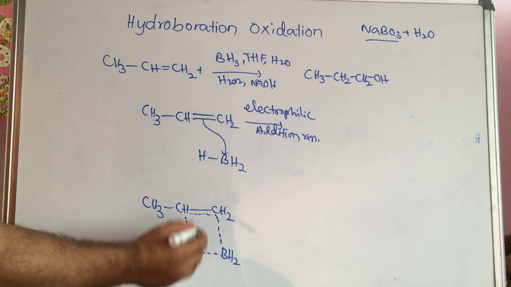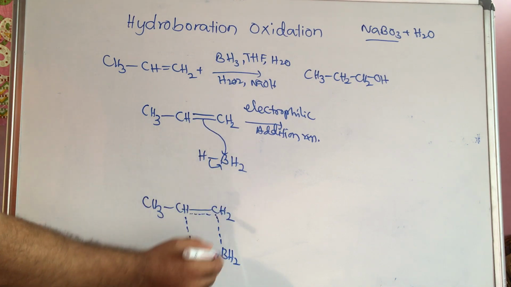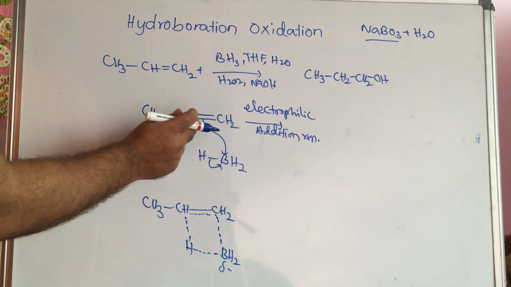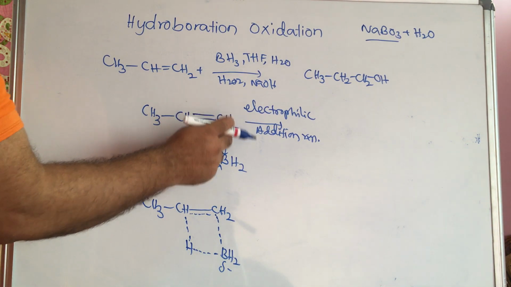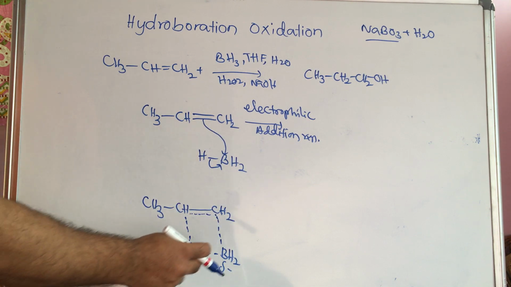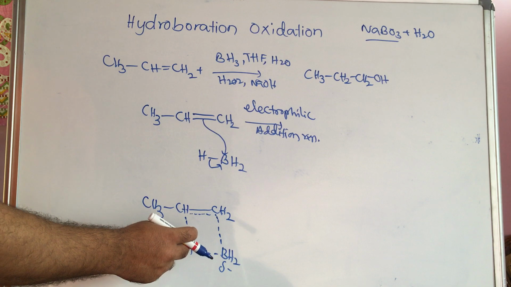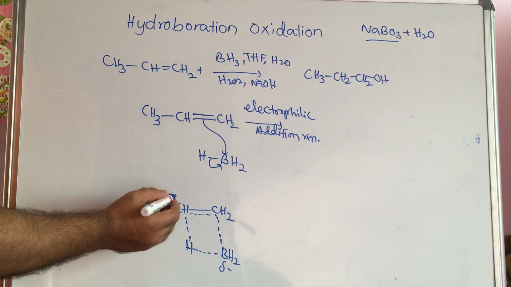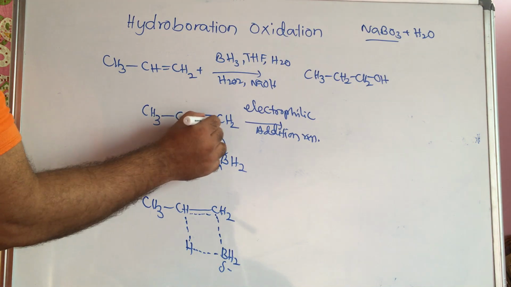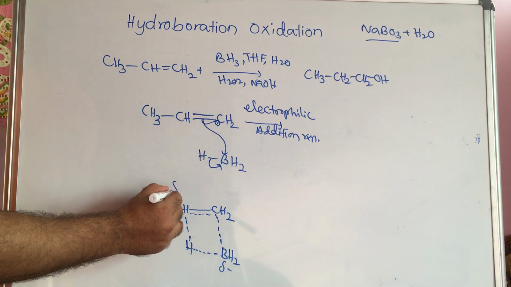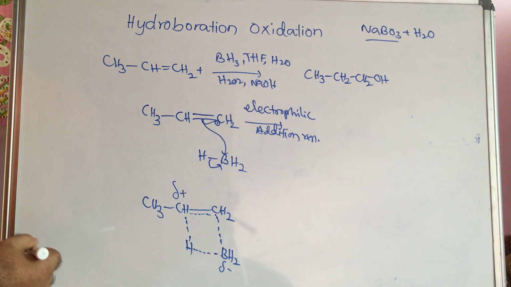The bond moves like this, giving partial negative charge. When it moves like this, this negative donates to this one, with partial bond formation here and partial bond breaking there. That's why when the bond moves like this and this is negative, this will be positive, so I will write here partial positive charge.